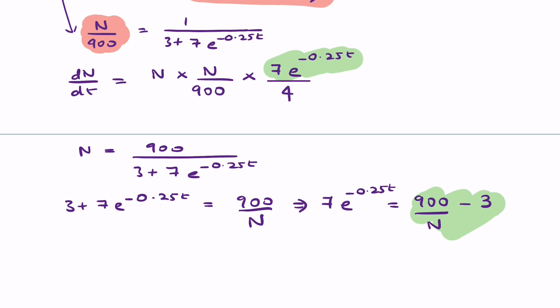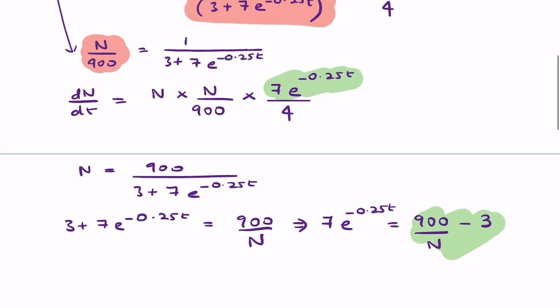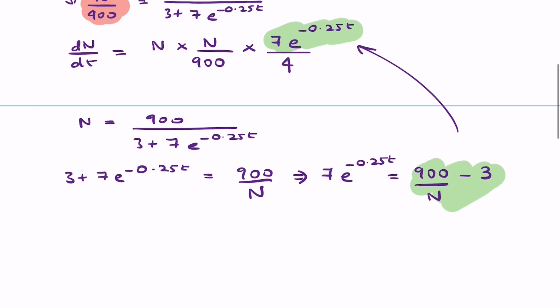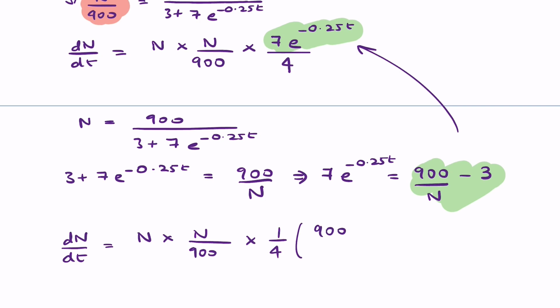Now I'm going to put that in there. So we've got dn over dt, therefore, equal to n times n over 900 times, I'm just going to keep the quarter right there, and then 900 over n minus 3. So now everything is in terms of n and a few numbers.